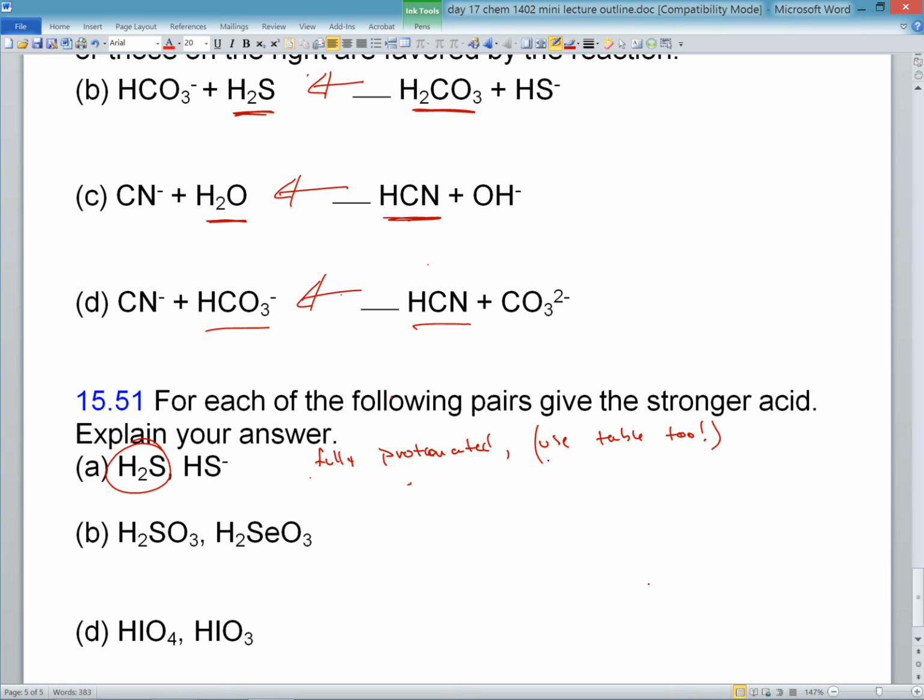Because it's what? Do you go by electronegativity? Or no? Oh, okay. Now Jonathan was onto something here. Look at sulfur and selenium, right? You can go two different routes there.